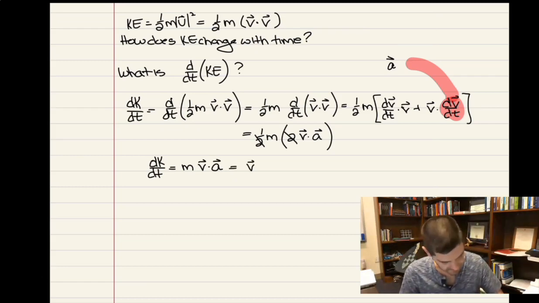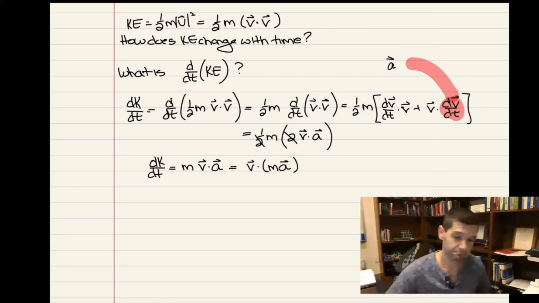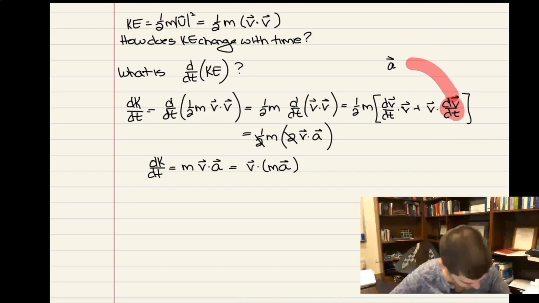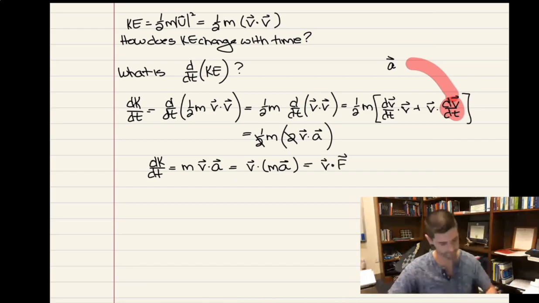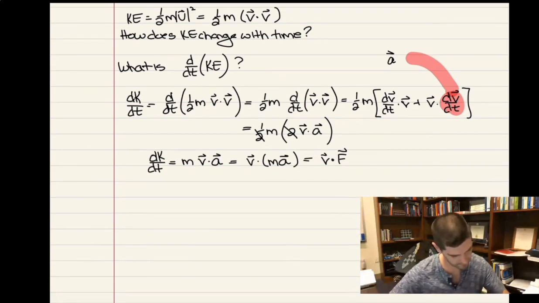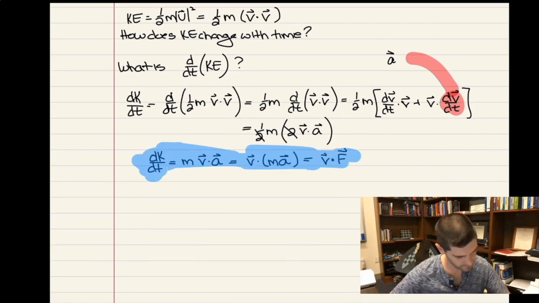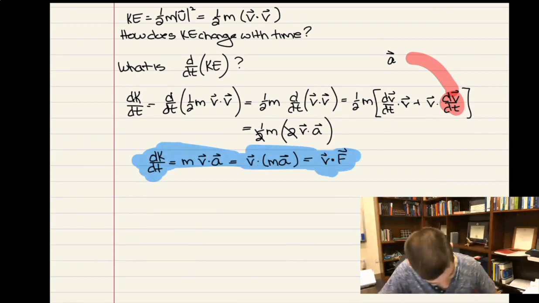Or I could write this as v dot m times a. We know what that is. v dot F. Which is called power.